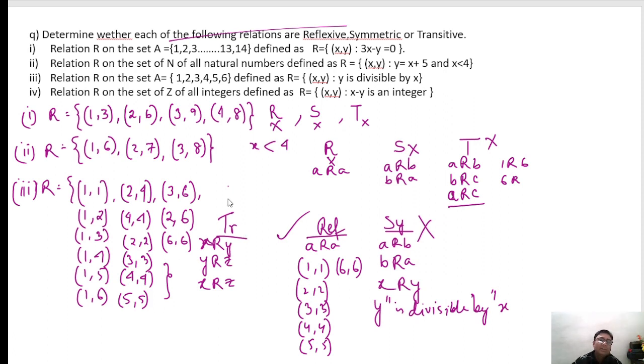Okay, so let's see there. 4 is divisible by 2, so let us take this. 3 is divisible by 1. 6 is divisible by 3. So is 6 divisible by 1? Yes, it is there. See here.